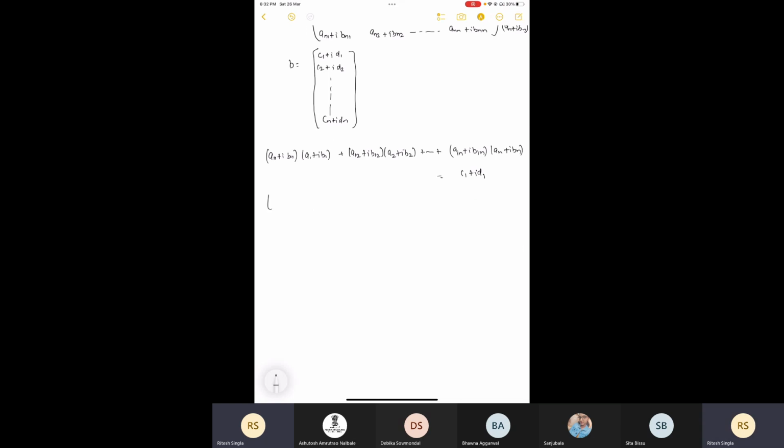So in order to solve this, you will have a11 a1 minus b11 b1 plus a12 a2 minus b12 b2 plus and so on, a1n an minus b1n bn is equal to c1, and then a11 b1 plus b11 a1 and so on, a1n bn plus b1n an is equal to d1. So the first equation is giving us again two equations, and then we can solve.